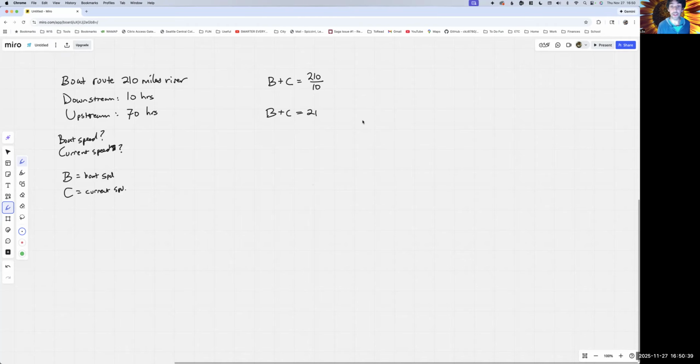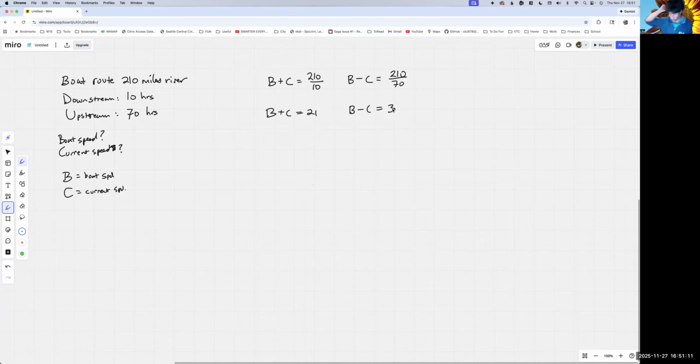On the other hand, when we move in the other direction, the actual speed the boat goes relative to land is how fast it's trying to go minus the fight it has to do against the current. In this direction, we get 210 miles over 70 hours, which means B minus C is equal to 3 miles per hour. So it goes significantly slower in that other direction.